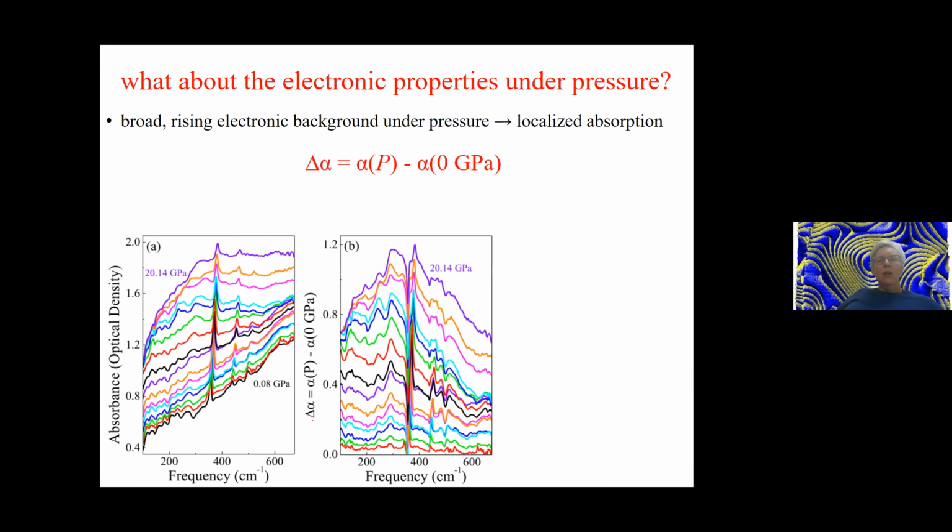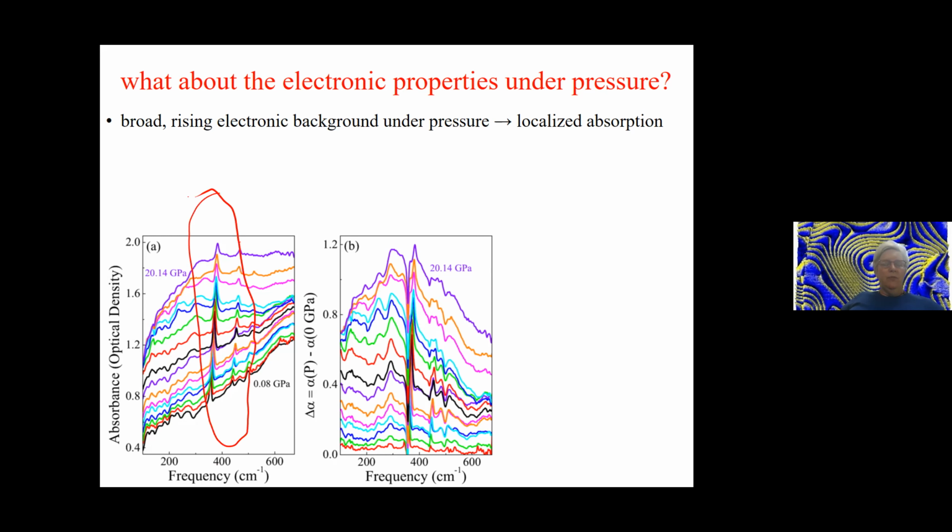Okay, so what about electronic properties under pressure? It turns out that these experiments really provided very unexpected insight into the electronic properties. The far infrared reveals a very broad and rising electronic background under pressure. So in fact, what I showed you before of just the phonons was a little bit of a cheat, right?